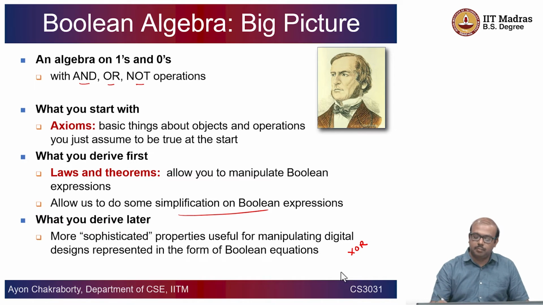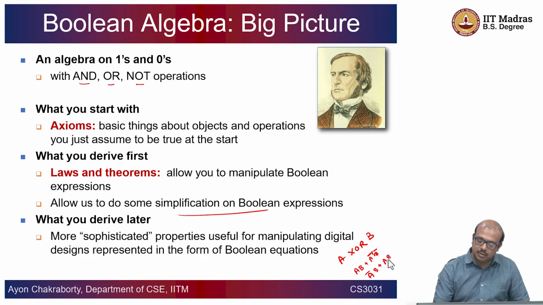So let's say if you want to do A XOR B, this could mean you can do A B bar plus A bar B, let's say, right? Or there is another operation called XNOR, and then you can actually have A bar B bar plus A B, right?